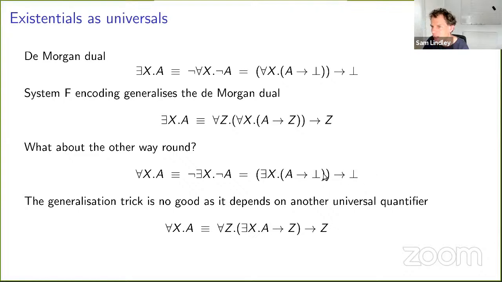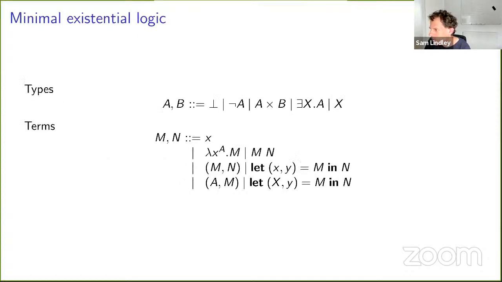It's just you have to do a completely global transformation. So it's probably not as useful, but it's interesting and fun. And I dug out this work by Fujita from TLCA 2005, who shows how to encode universals into what's called minimal existential logic via a special CPS translation.